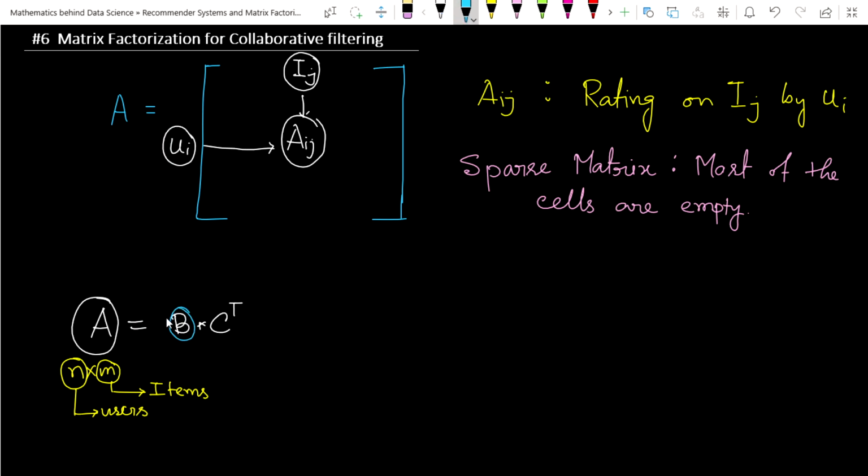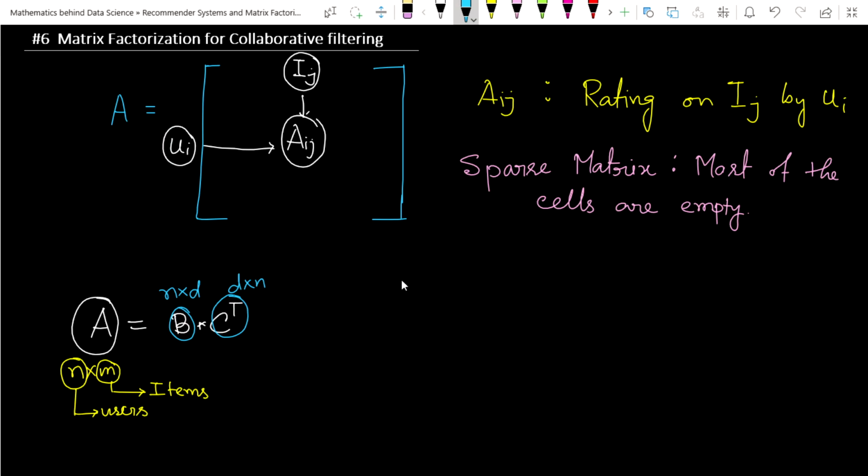Since A is an N cross M matrix, the dimension of B will be N cross D, for some D, and the dimension of C transpose will be D cross M. With these dimensions, it is possible after multiplying them to get A.